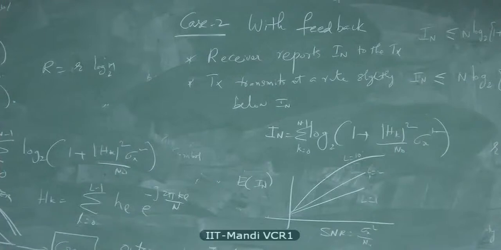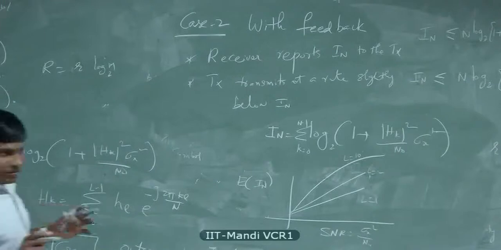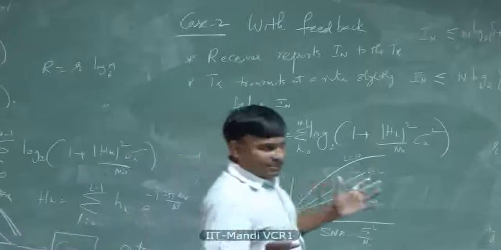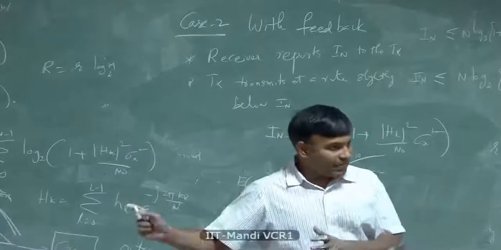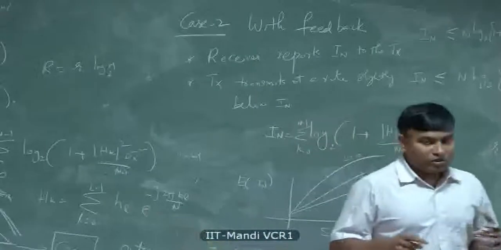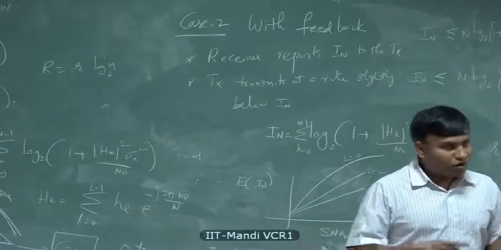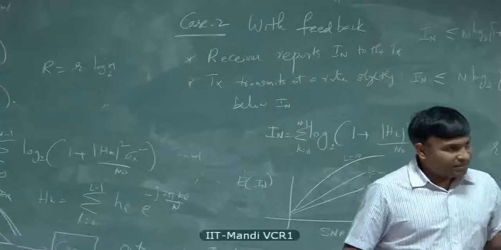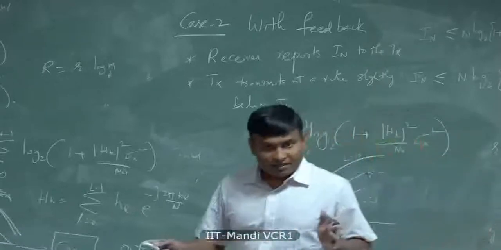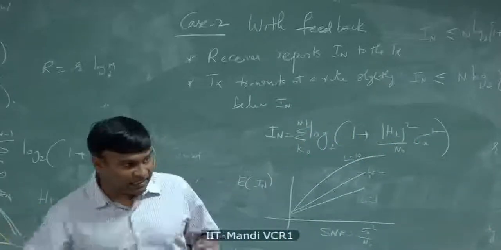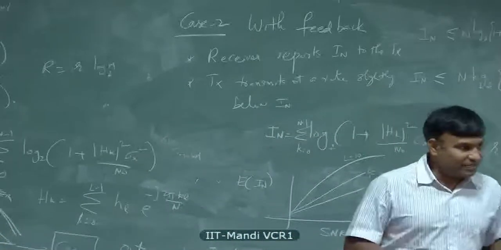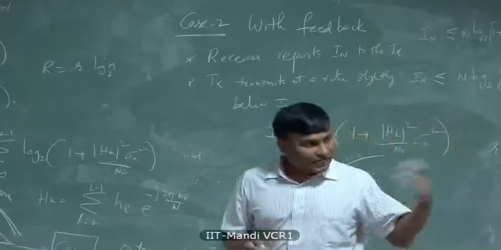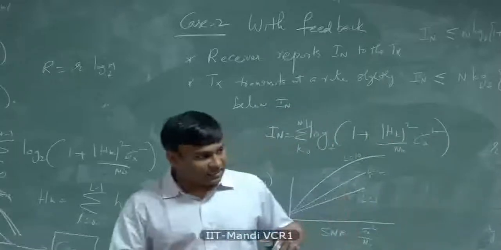Okay, so this is a high-level overview of what happens in a link. You can either have feedback or not have feedback. When you don't have feedback, what you have is outages, and you talk about a single link with outage probability and things like that. When you have feedback, no outages, theoretically speaking, and the transmitted rate varies, so you need adaptive modulation and coding.